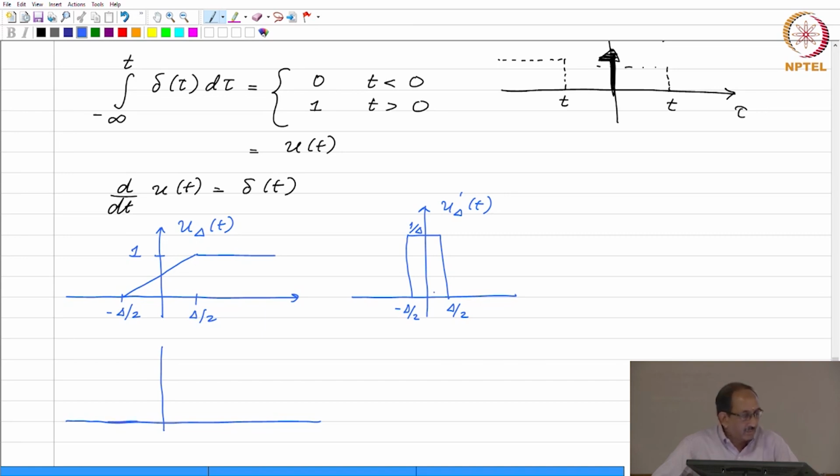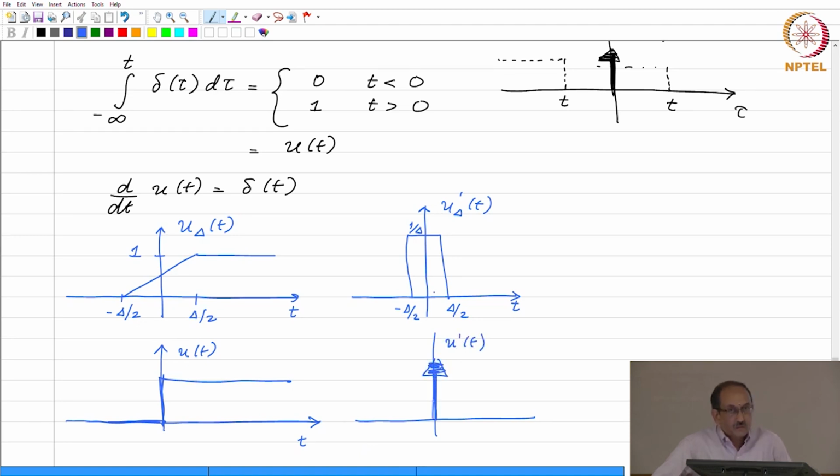So in the limit, this becomes like this. So this indeed becomes u of t, and we are quite convinced that u dash of t is indeed the delta function.